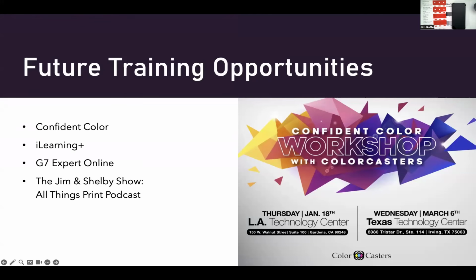It's going to be in Mamaroneck's Rockaway, New Jersey location on July 9th. You can find it, and I'm going to go to our website in a minute, so you'll be able to find it there. On the Printing United Alliance iLearning Plus platform, you can find sessions that both Shelby and I have either helped create or are part of. And there are ones that we aren't part of that are also great learning resources.